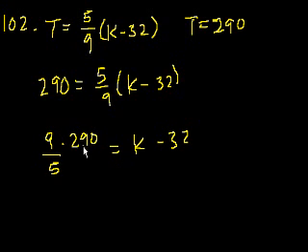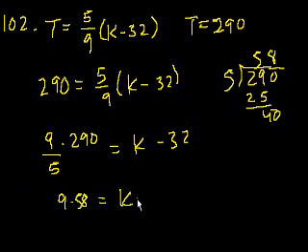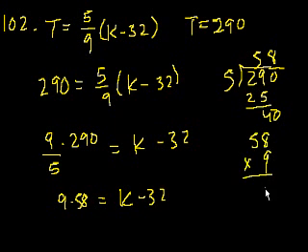So what's 290 divided by 5? See, 5 goes into 29 5 times, 25, 40, 8, so 58. So it's 9 times 58 is equal to k minus 32. See, 58 times 9. 8 times 9 is 72. 5 times 9 is 45, plus 7 is 52. 522.